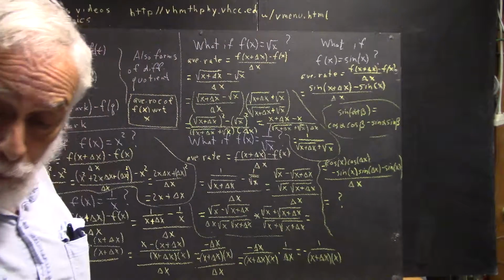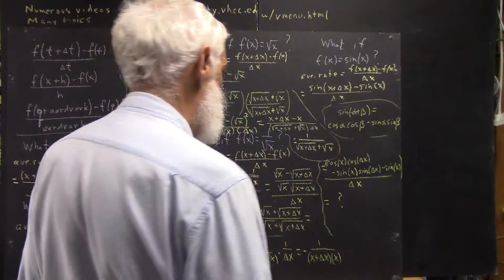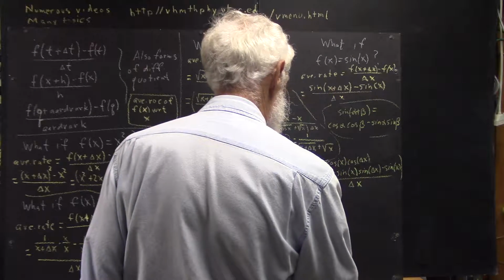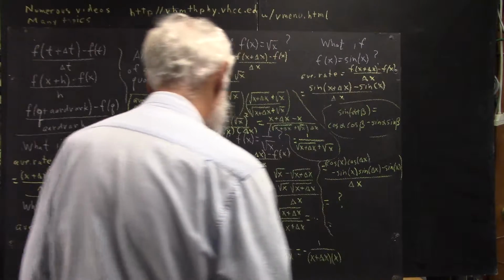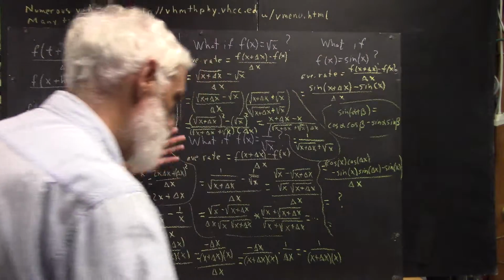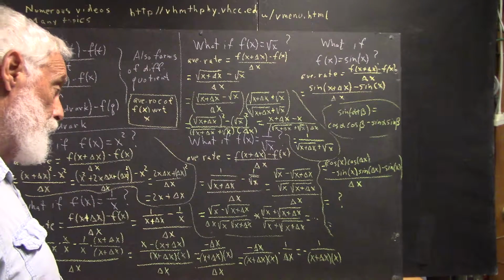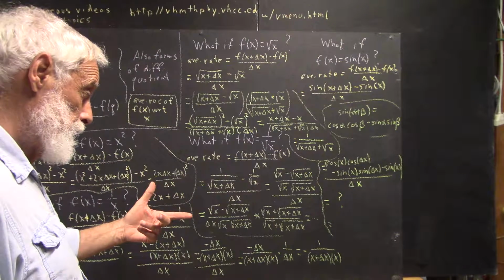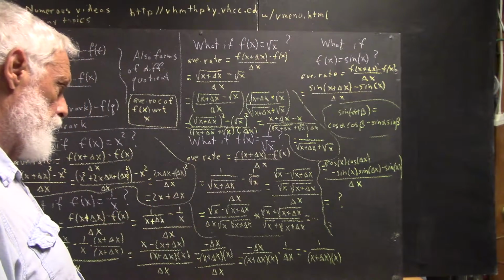Now, you should work out what you get by that, and then show that what you get, I'll put a couple of dots there, will end up equaling, and let me be careful when I write this down, negative delta x and a positive delta x.